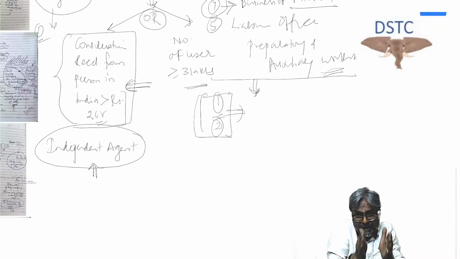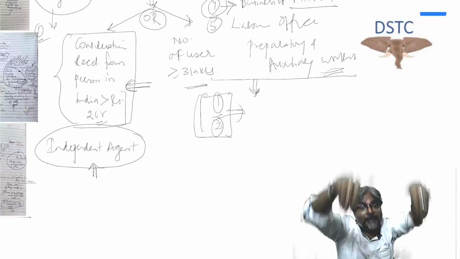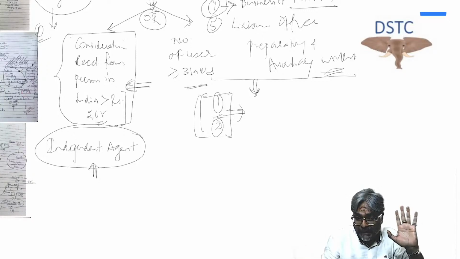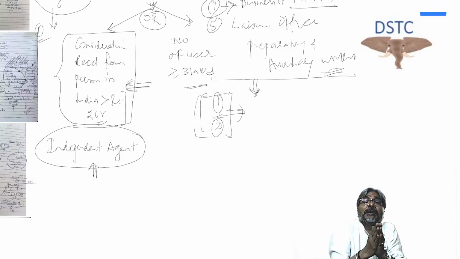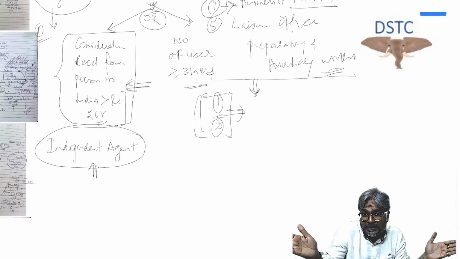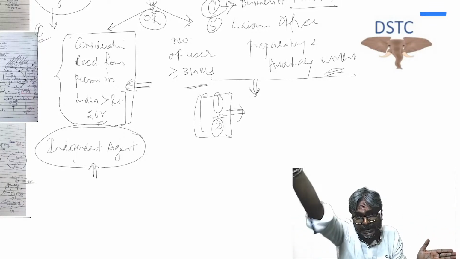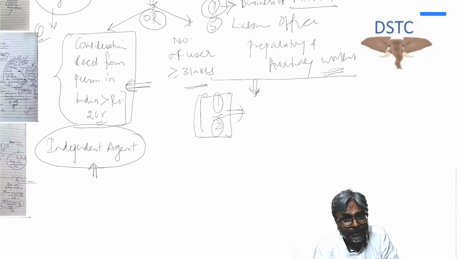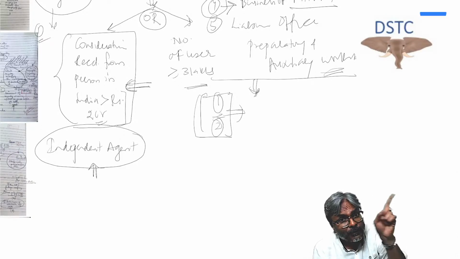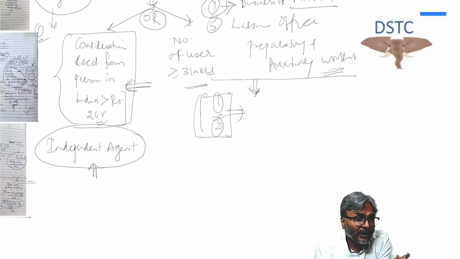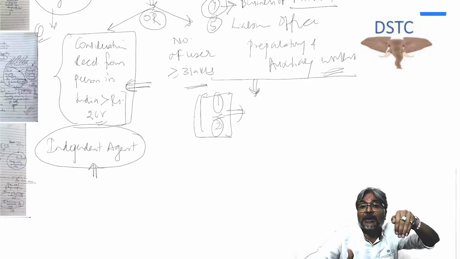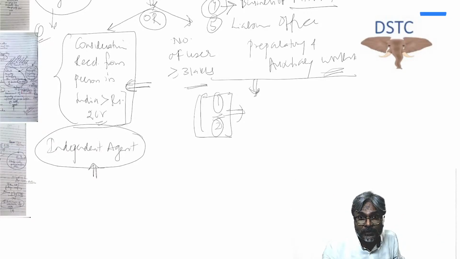Means he is not mainly or wholly acting on behalf of a particular non-resident, but he is acting in the ordinary course of business, and he is buying and selling the goods of the non-resident. And if that is what he is doing, just check in the examination these words, or in the ordinary course of business. Or they will use the words, he is not acting mainly or wholly on behalf of the non-resident.